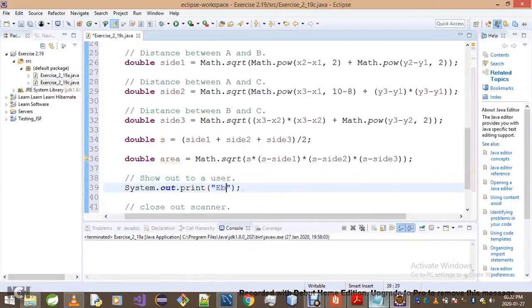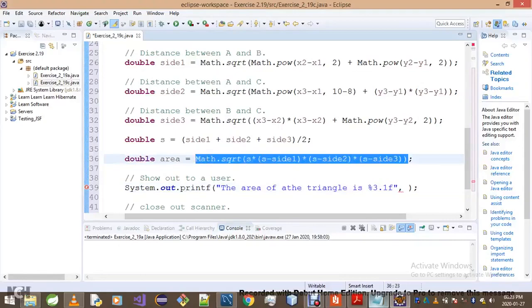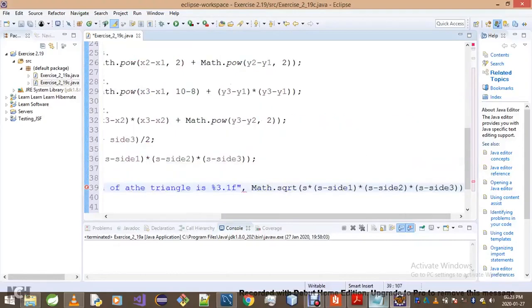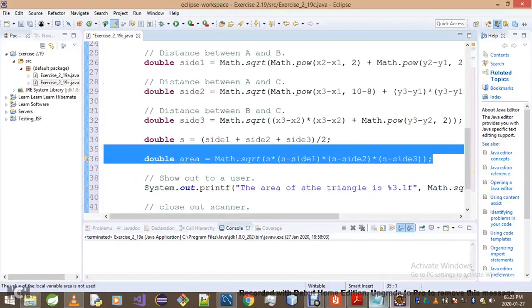Okay, so it's gonna be the area of the triangle is, let's just go percentage sign, it's 3 spaces, one number after a decimal point, and put our format specifier. And then lastly, of course, I should have put F here. Okay, and lastly, look at this, you guys. Why don't you just copy and paste the whole thing and avoid having this variable.